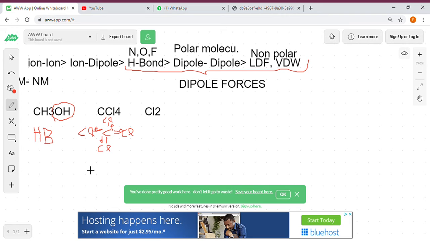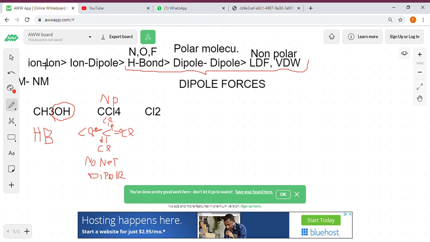So I'm just gonna say that there is no net dipole, and taking a look in here, you can say this molecule is gonna be a non-polar molecule, right? There is no angle around, there are no lone pairs, so it's non-polar.